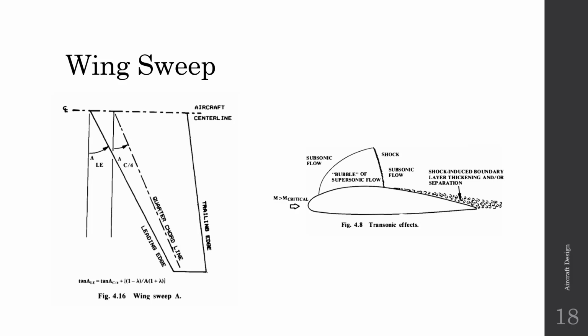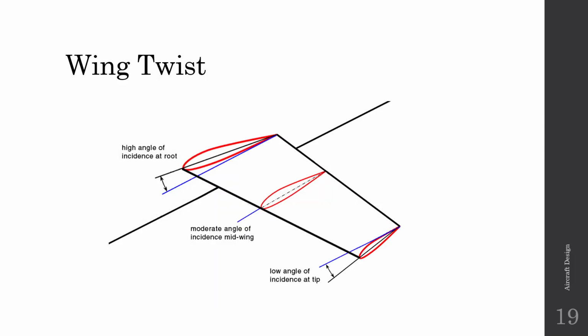Before wing sweep, let me discuss wing twist. Wing twist is a method of twisting the aerofoil, like creating a wing by twisting the aerofoils. You can have one aerofoil placed like this, the other aerofoil you can twist and place like this, and the other aerofoil you can twist further and place like this.